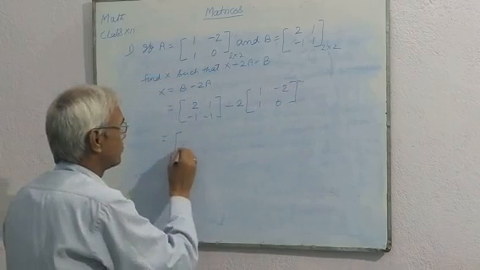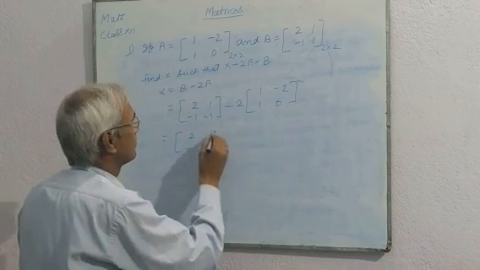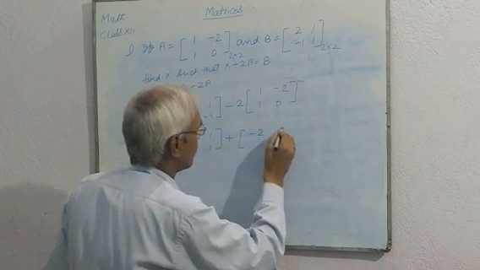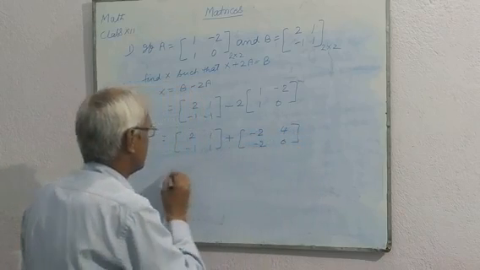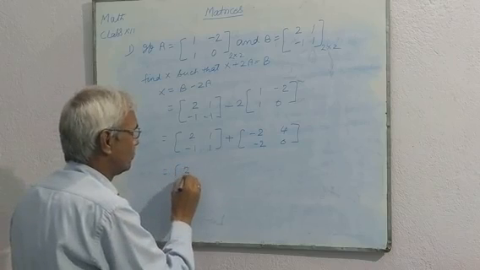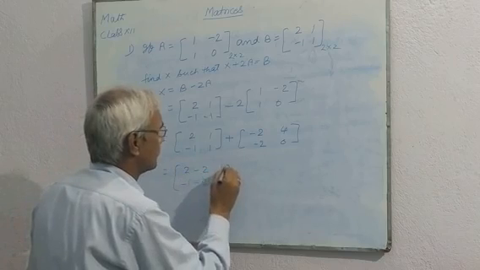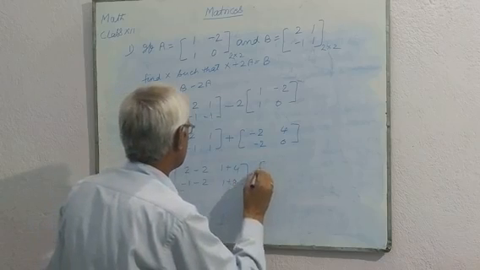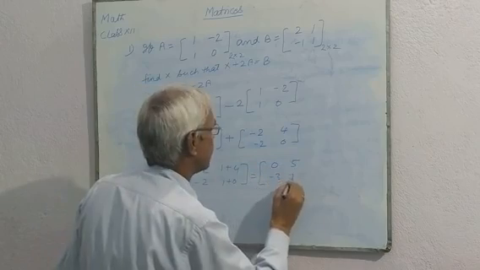That means 2, 1, -1, 1 plus -2, 4, -2, 0, which equals 2 minus 2, 1 plus 4, -1 minus 2, 1 plus 0, which equals 0, 5, -3, 1.